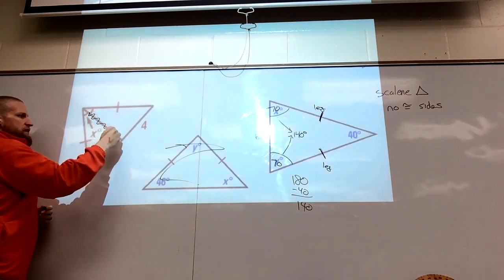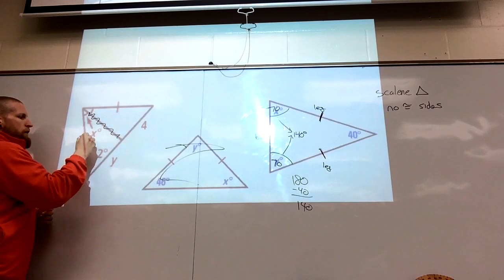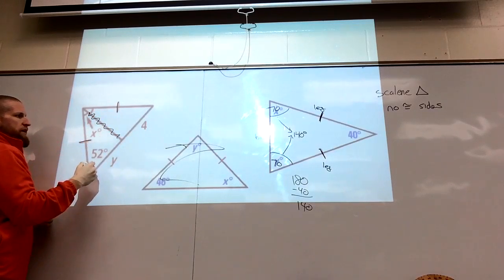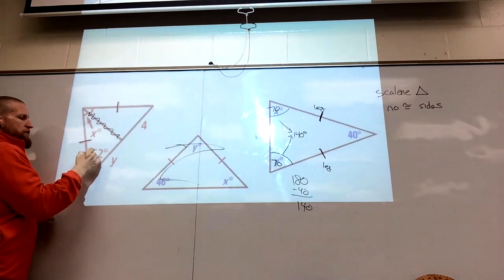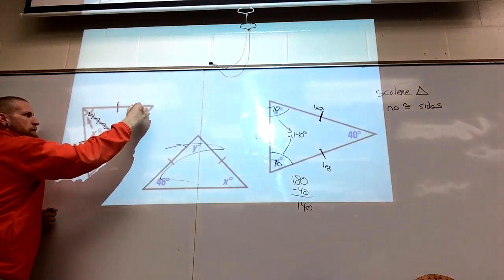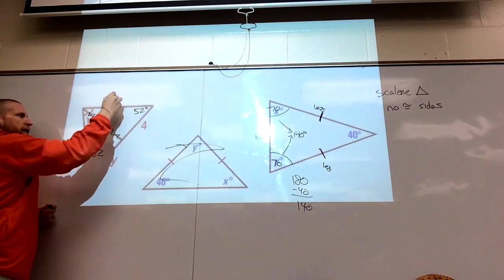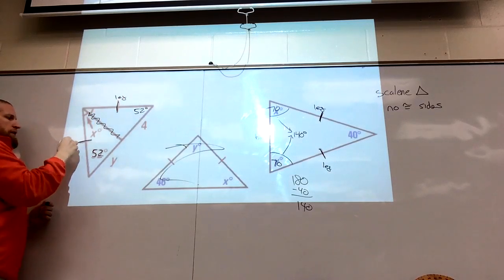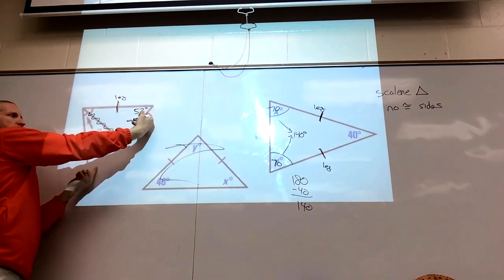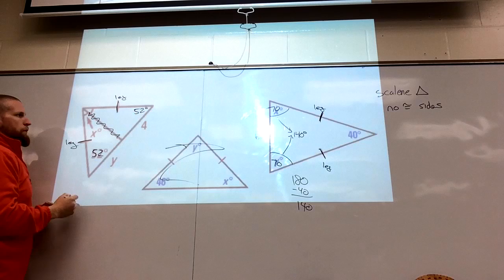Alright, for this one over here, again, pretending this doesn't exist. If I looked at this whole thing, that would be an isosceles triangle. Meaning that if this is 52 degrees, so is that, because those are my legs, right? That's my base right here, so the two angles on the base have to be the same.